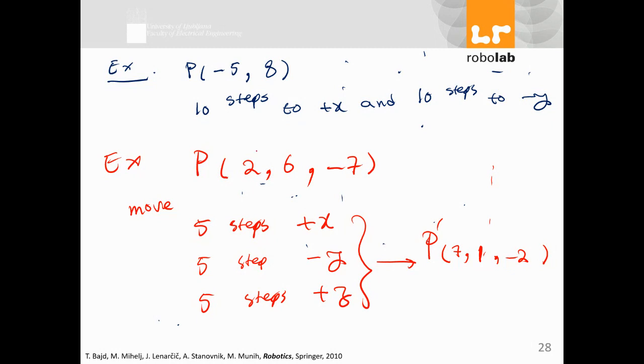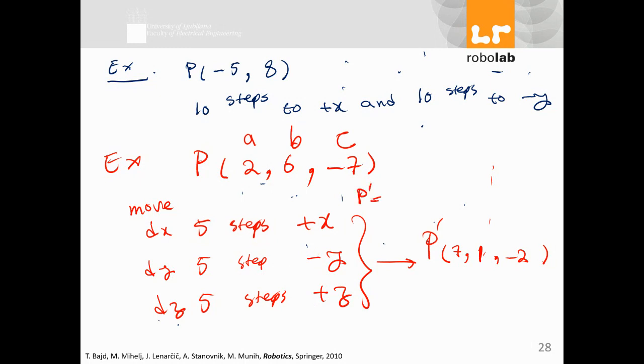So what you do is, the point you have like A, B, C, and the movement you have as dx, dy, dz, displacement. Depending on positive or negative, you have to add or subtract.